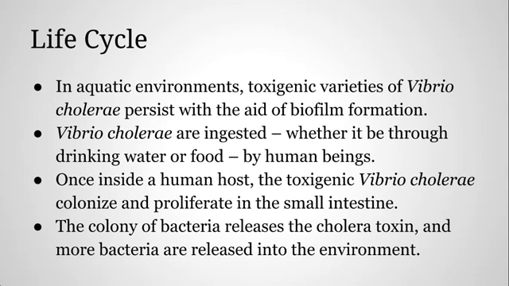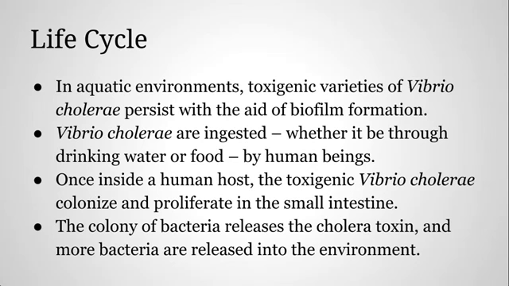And the Vibrio cholerae bacteria take carbon and nitrogen from chitin, which is the polysaccharide that gives these creatures hard shells and beaks. And that biofilm proliferates as they take carbon and nitrogen from the creature that they've created a film on.